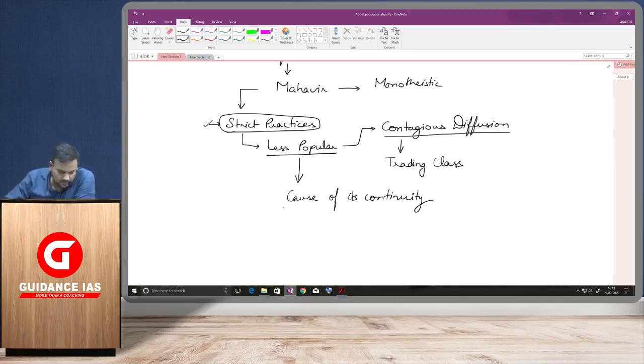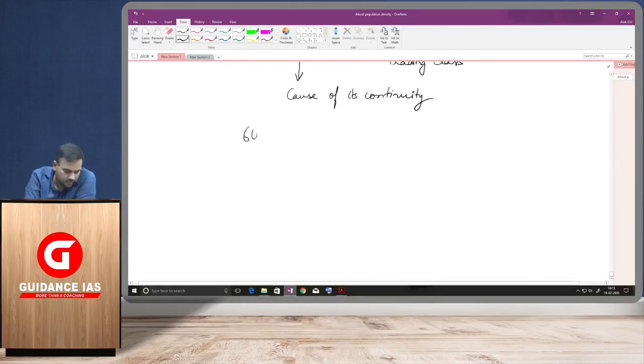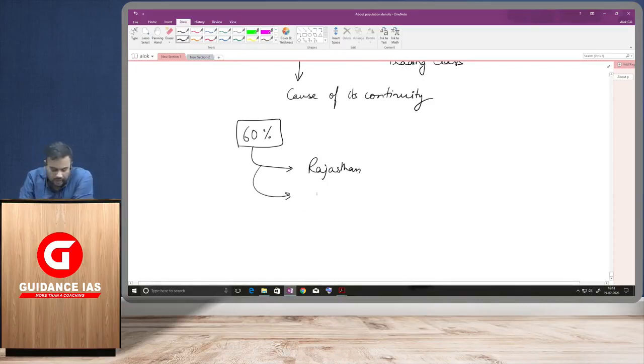We find that around 60% of the followers of Jainism are concentrated in Rajasthan, Gujarat, and Maharashtra. Others are concentrated mostly in Uttar Pradesh and Madhya Pradesh, UP and MP.